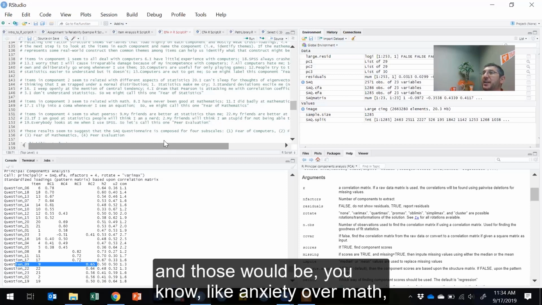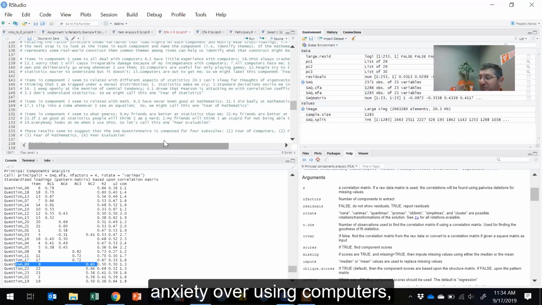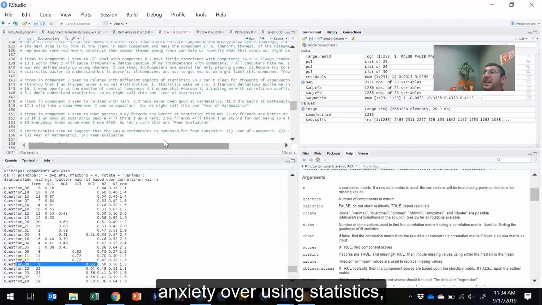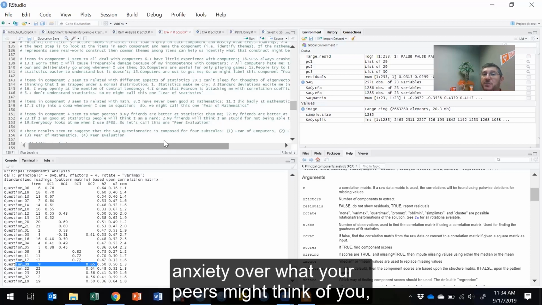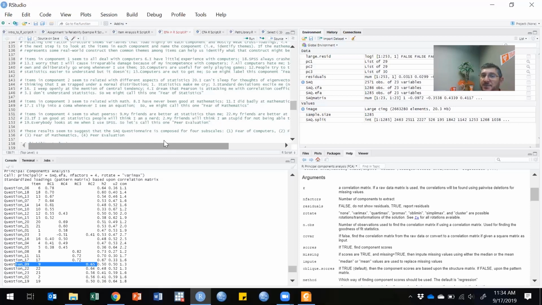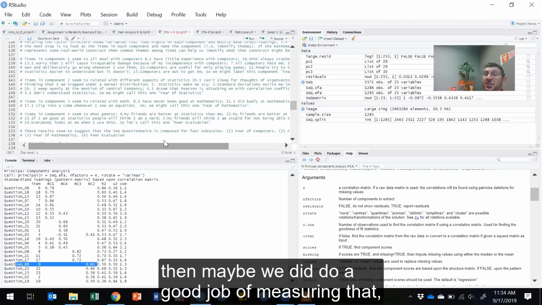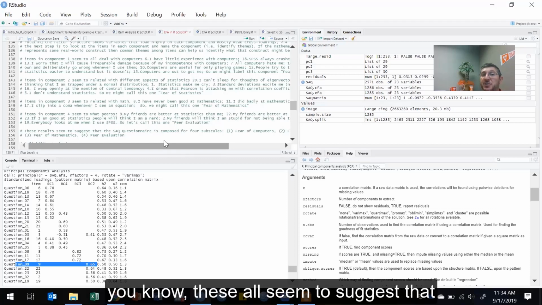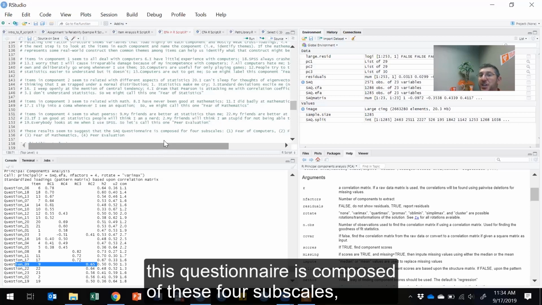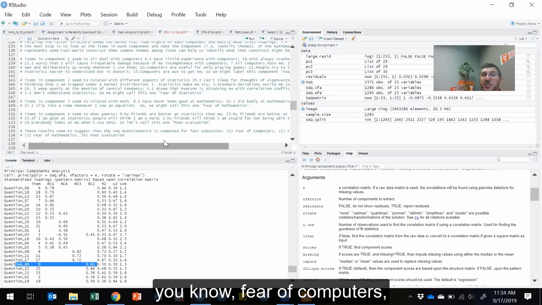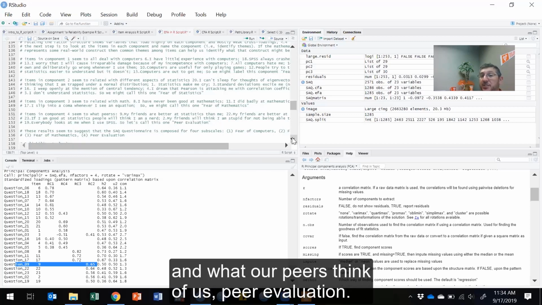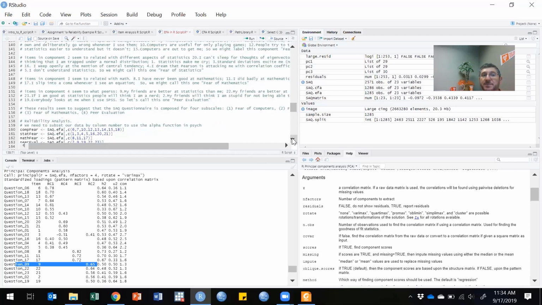And those would be anxiety over math, anxiety over using computers, anxiety over using statistics, anxiety over what your peers might think of you. Then maybe we did do a good job of measuring that. These results seem to suggest that this questionnaire is composed of these 4 subscales: fear of computers, fear of statistics, fear of math, and what our peers think of us, peer evaluation.